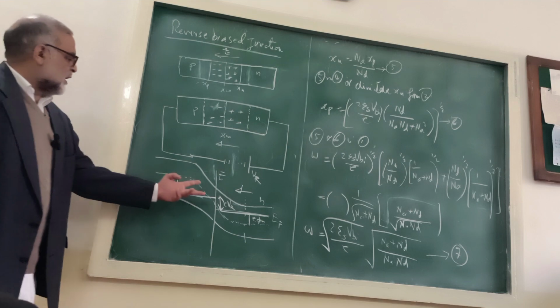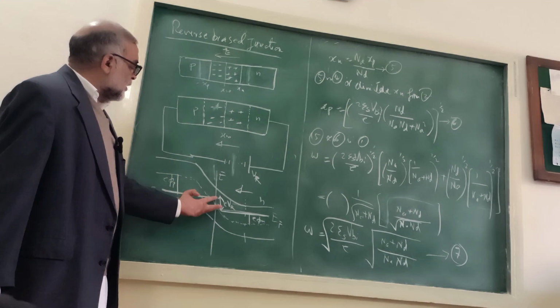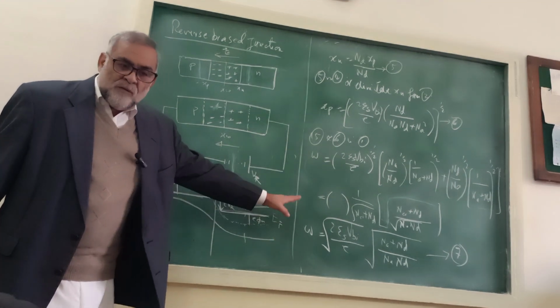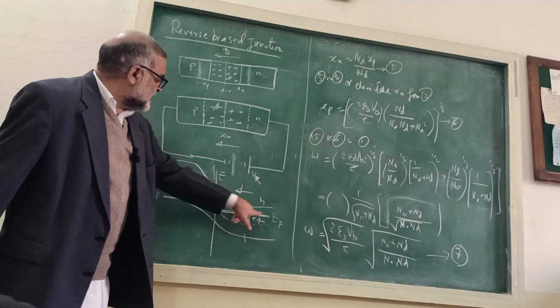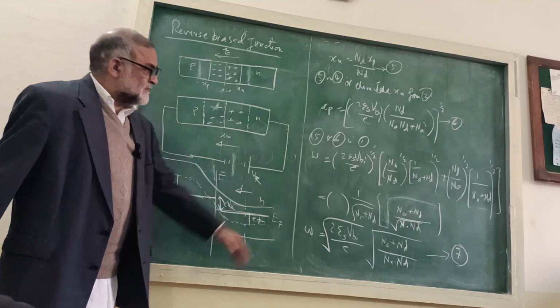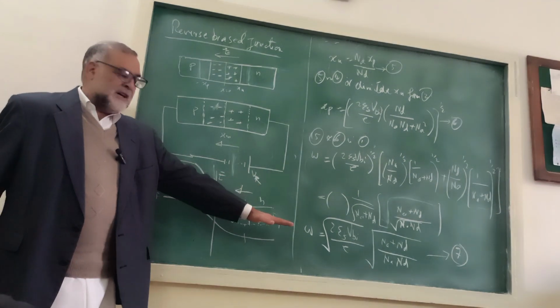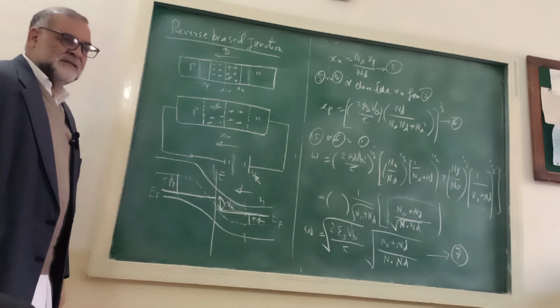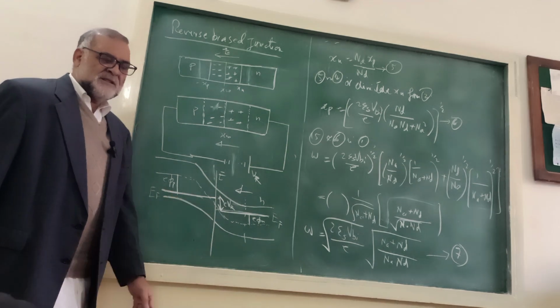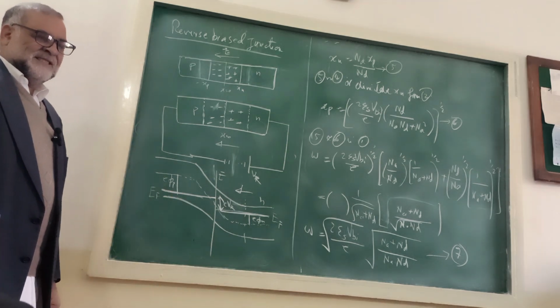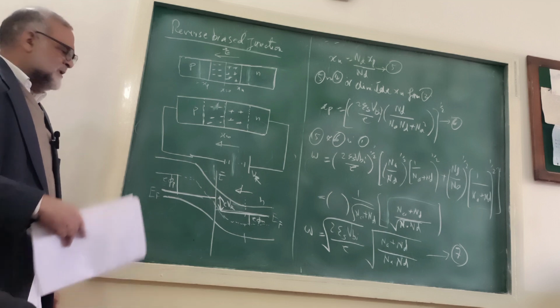When there is no external voltage applied, the Fermi level is the same across the junction. Now the Fermi level on the N side is lower. On the P side, the Fermi level is high. Right?